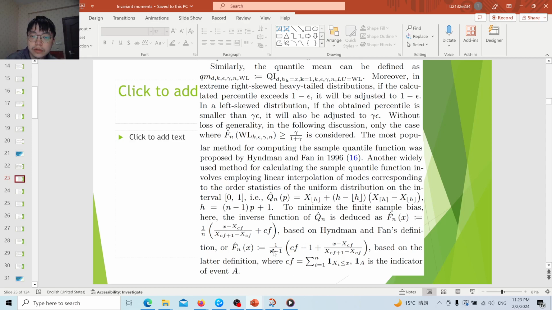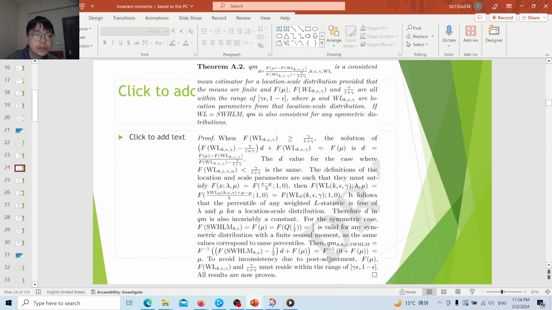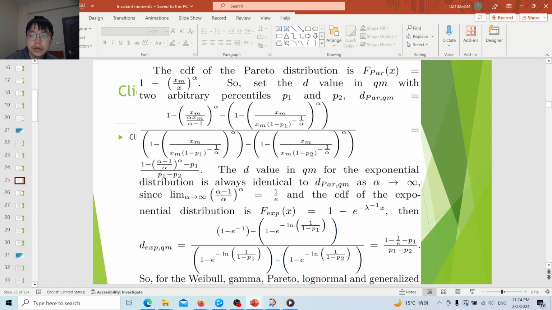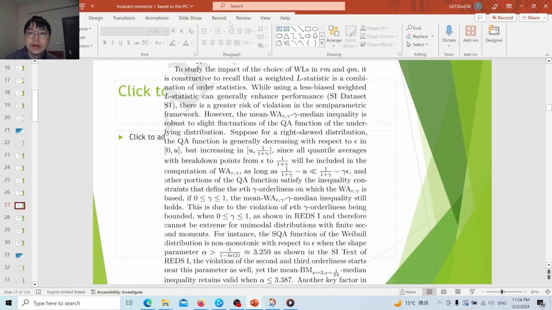There are two. The first is very popular, proposed by Hyndman and Fan in 1996, and the other is also very popular: just linear interpolation of modes. The innovation here is that I deduce the inverse function of this quantile function, forming an empirical cumulative distribution function that minimizes the finite sample bias.